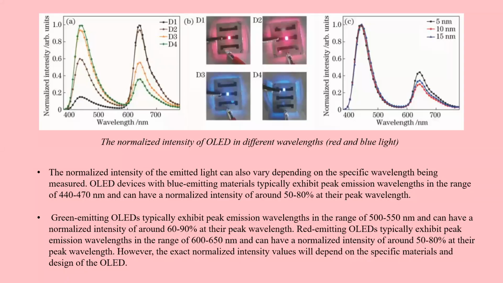These are the display qualities, which have red light and blue light depending on the wavelength. Red light has a wavelength of 600 to 650 nanometers, and blue light has 440 to 470 nanometers, and the intensity for both will be from 40 to 80%.